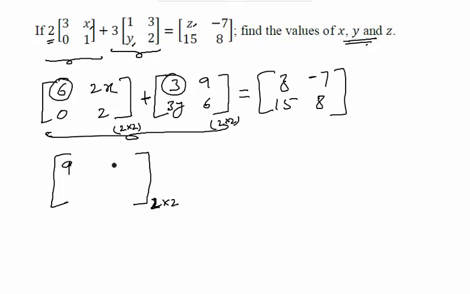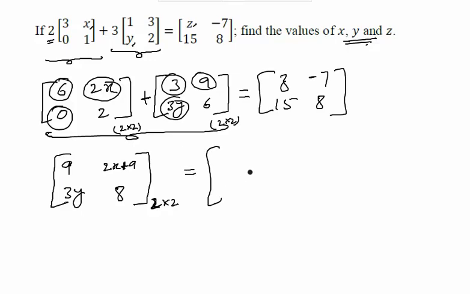The element at position 1 comma 2 should become 2x plus 9. This is the 1 comma 2 position, first row, second column. What about this element at the 2 comma 1 position? It will be 0 plus 3y, which is just 3y, and the last element will be 8.